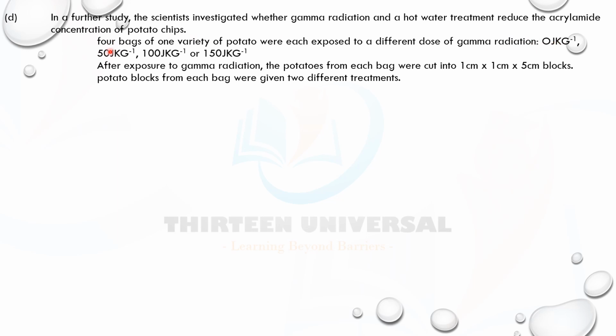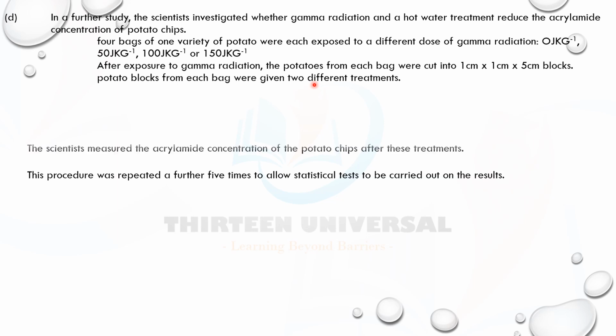So this was exposed to gamma radiation and also to gamma radiation plus hot water, the same here. After exposure to gamma radiation, the potatoes from each bag were cut into 1 cm by 1 cm by 5 cm blocks.